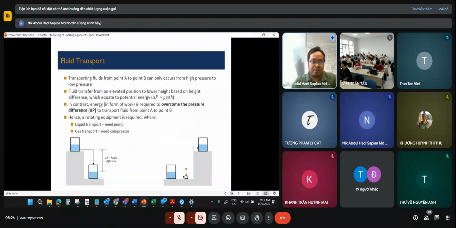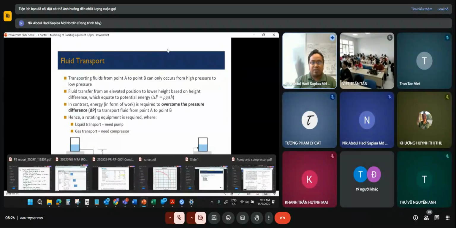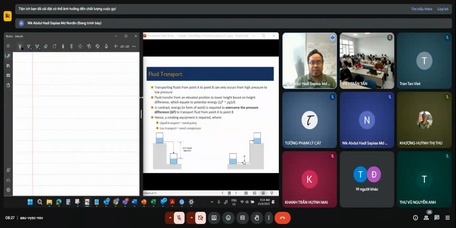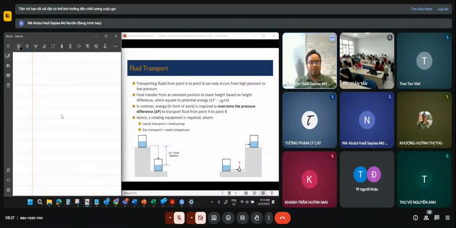Okay, so fluid transport. Fluid is liquid and also gas. And normally, without any work supply for us to transport from point A to point B, we need to use a water tank, for example. So in this case, let me make this one like this so that I can still use my pen.